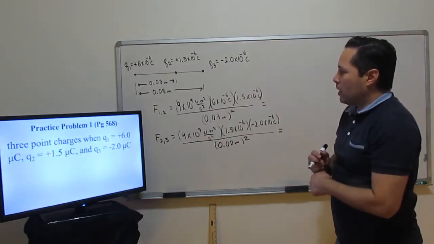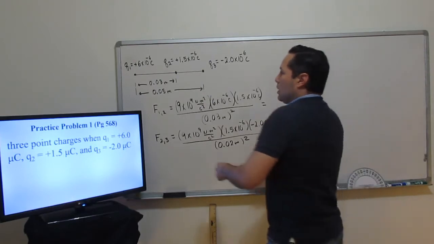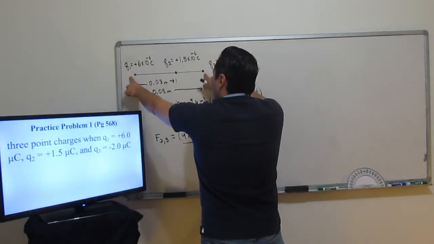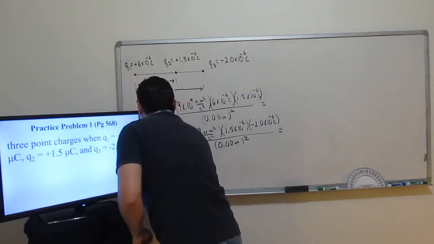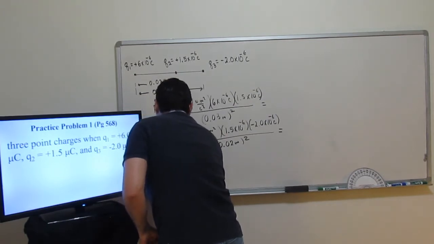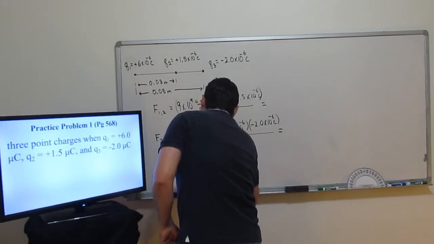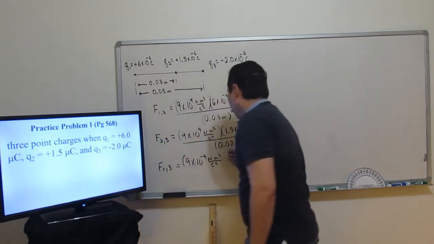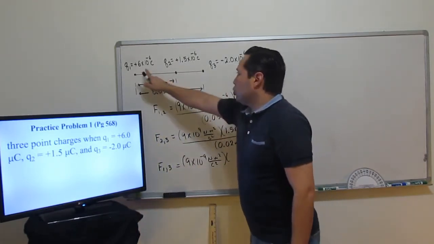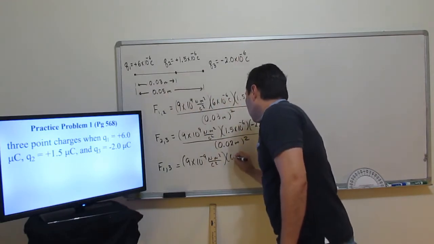And then the final one we need to search for is the force between 1 and 3. Force between 1, 3 is equal to the constant, multiplied by the charges, 6 and 2.